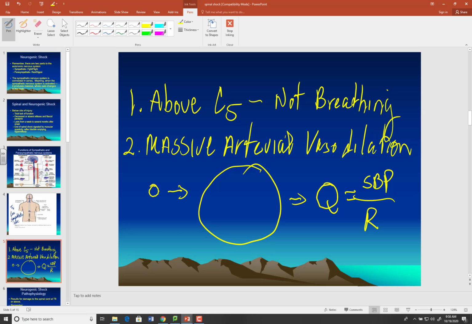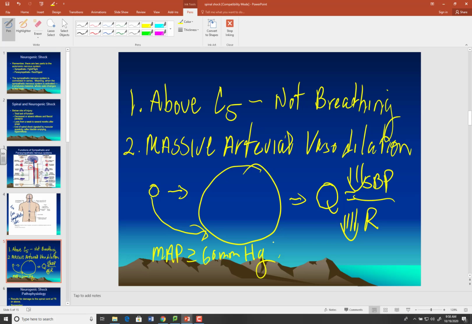So if you have a spinal cord injury above T6 and all of your arteries dilate, then resistance to blood flow goes way, way down, and that means systolic blood pressure goes way, way down. And if you don't have a mean arterial pressure greater than or equal to 60 millimeters of mercury, then you are in shock. What caused the shock? Damage to the spinal cord, and that's referred to as neurogenic shock.